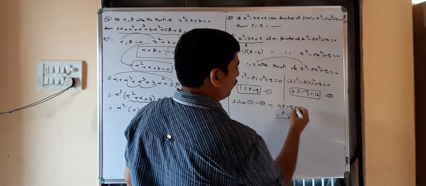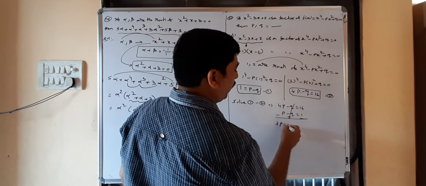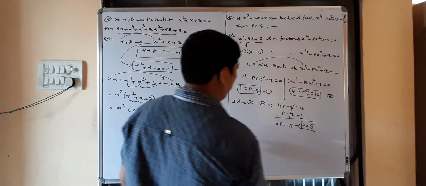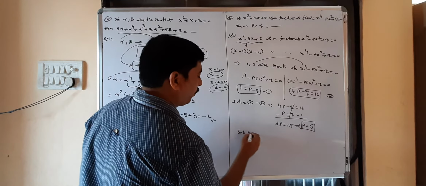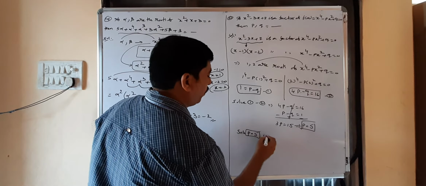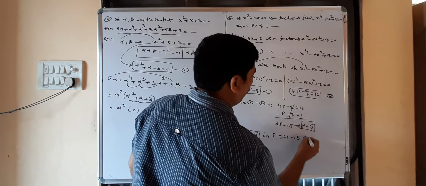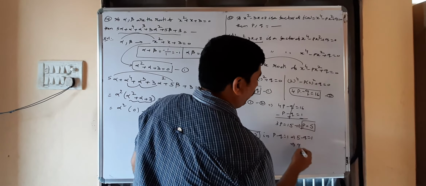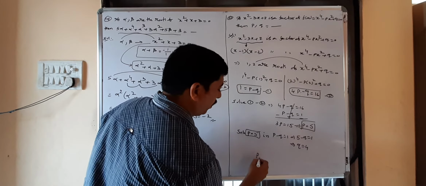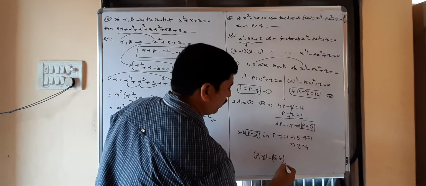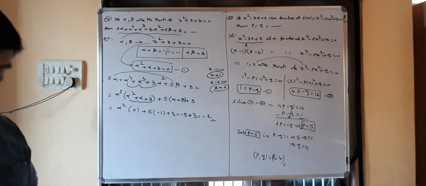Subtract both, 3p = 15, p = 5. Substitute p = 5 in p - q = 1. That implies 5 - q = 1, q = 4. So p, q = 5, 4. Answer. Copy that problem.